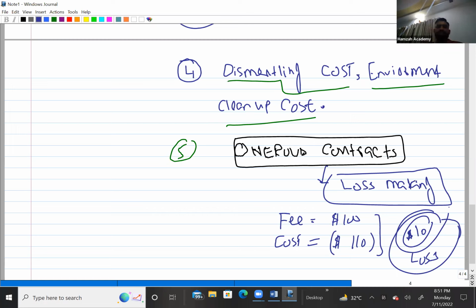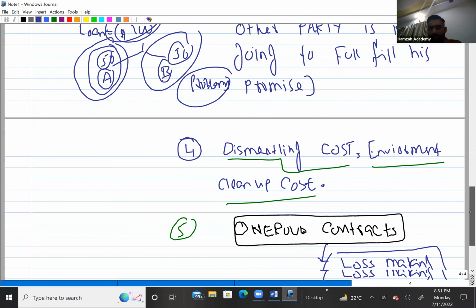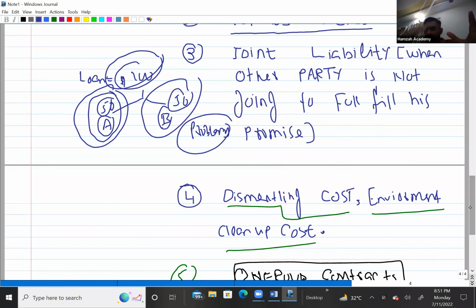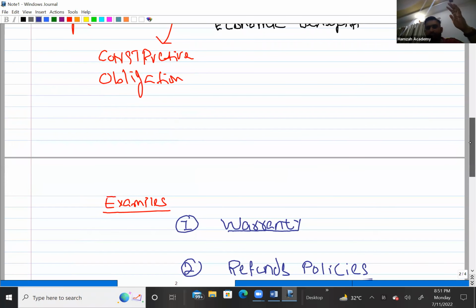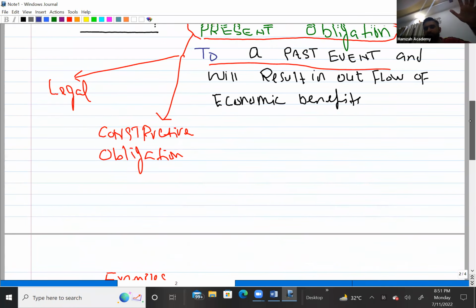So in all the examples which I have given you, you can see there is a present obligation and there is a past event. So whenever there is a present obligation, a past event, and an outflow of economic benefit is probable, that is a liability.